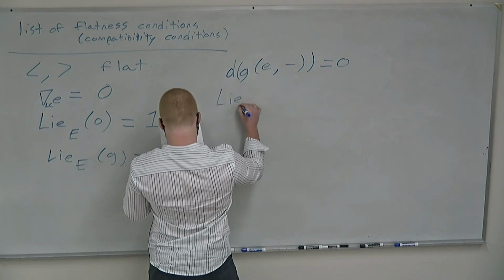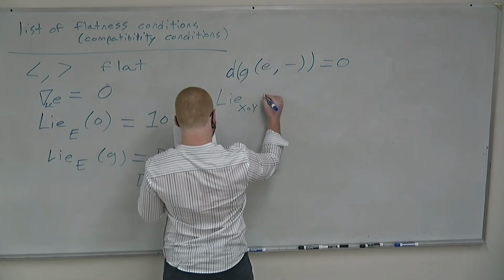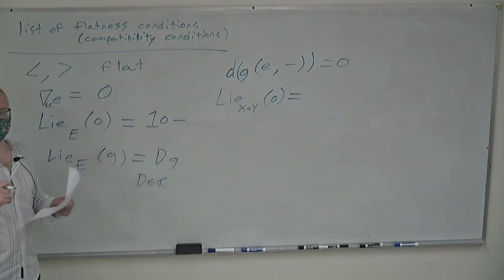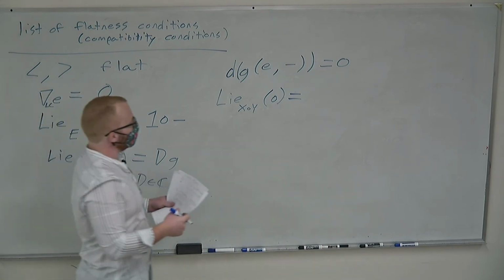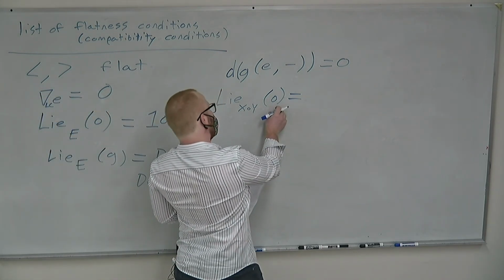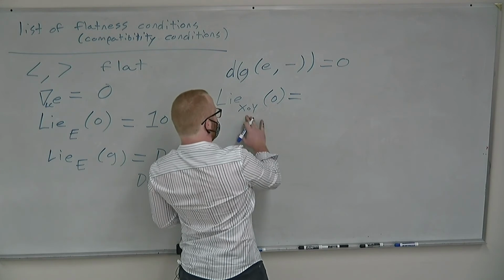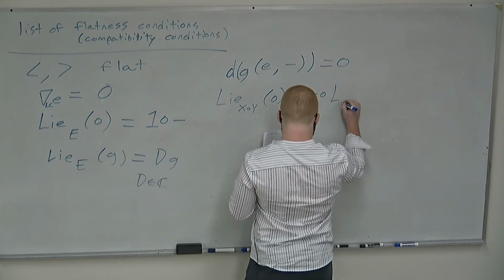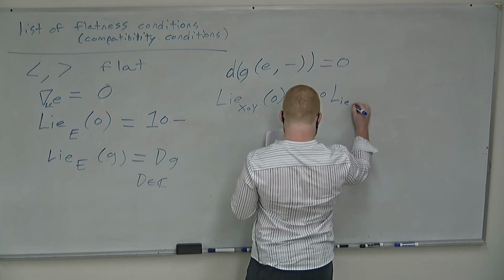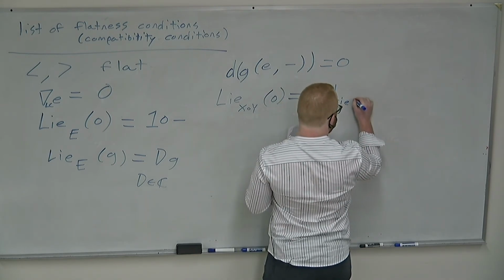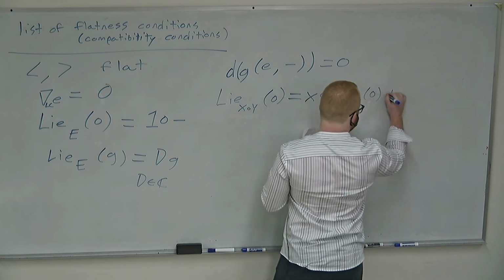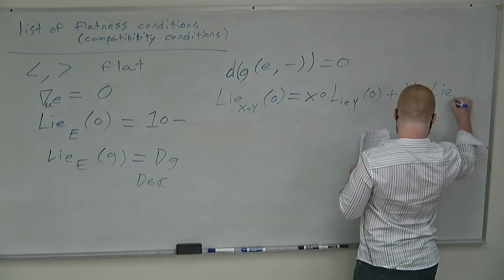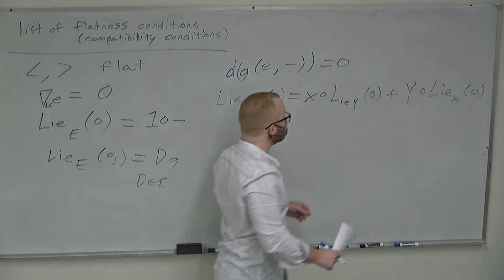And the Lie derivative of the product with respect to the direction being a product of two vectors is the product of one of the vectors with the Lie derivative of y of the product, plus y, product with the Lie derivative of x of the product. So there's this big long list of things.